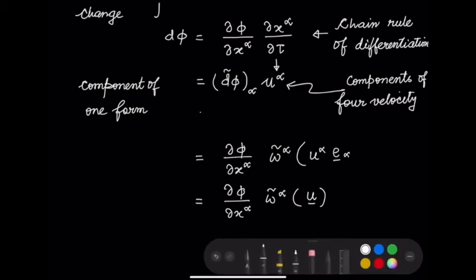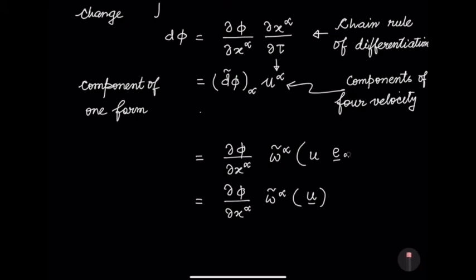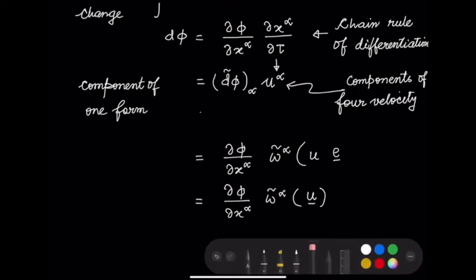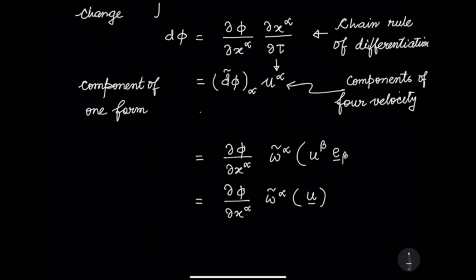remember that I have made a mistake here. You can see I should use a separate index, otherwise that summation will be problematic. So this is the corresponding unit vector E beta.